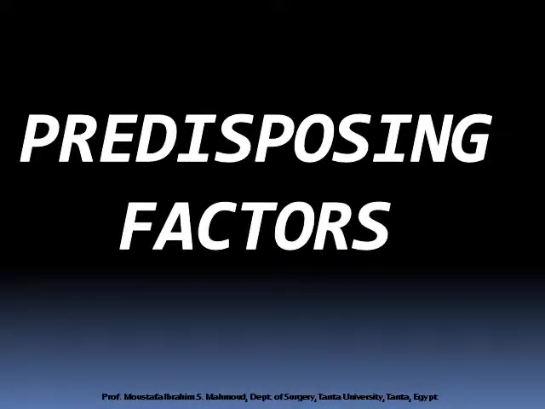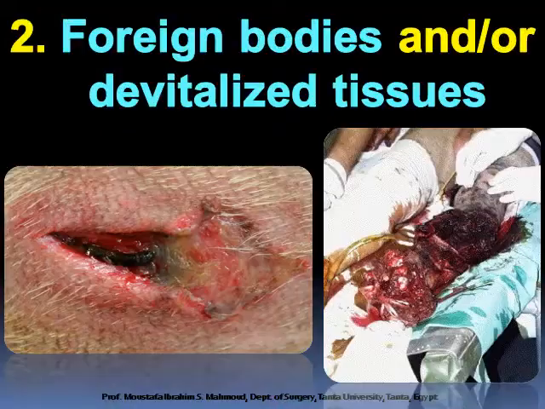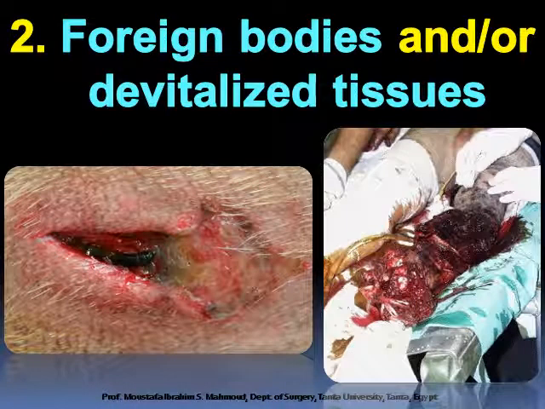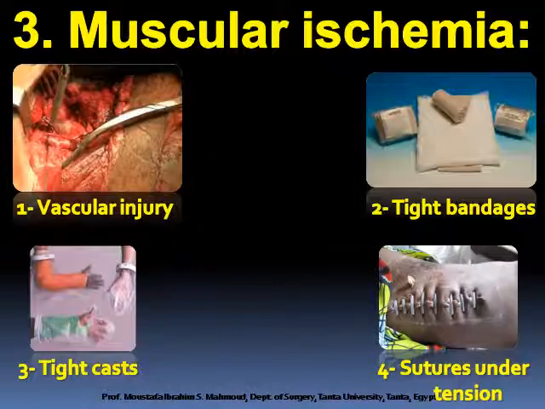Predisposing factors. Lacerated wounds in bulky muscles like the gluteal region and the thigh. Foreign bodies and or devitalized tissues. Muscular ischemia after ligation, after vascular injury, tight bandages, tight plaster casts, and sutures under tension.